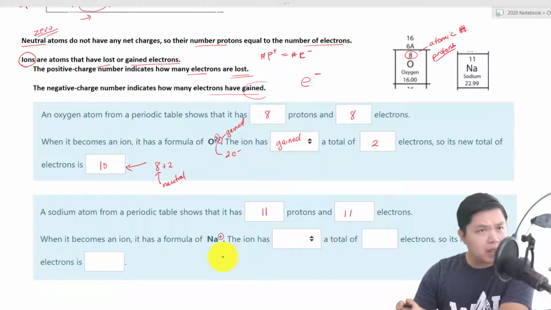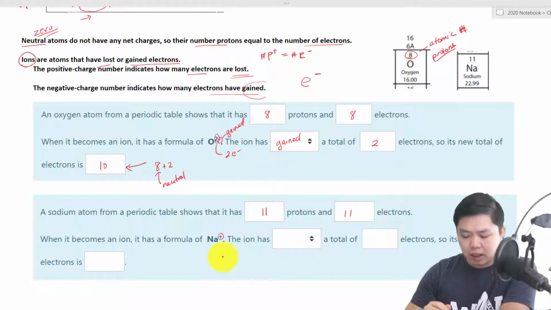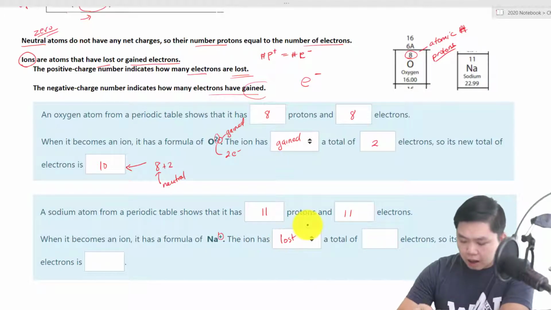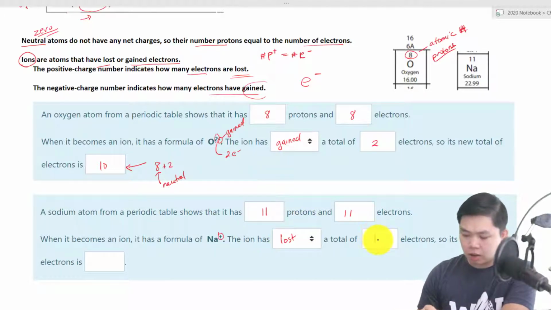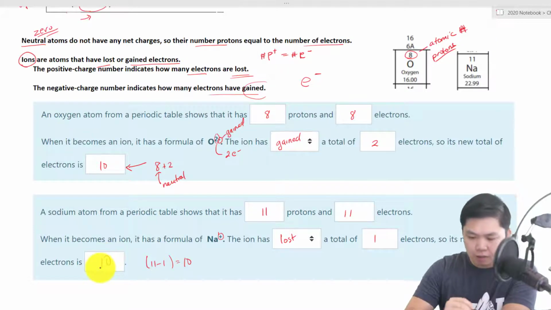Well, it's missing a number. What is the number that always defines itself? In this case, it has to be number 1. So it has a loss of a total of 1 electron. So 11 minus 1. What is 11 minus 1? That turned out to be equal to 10. There you go.